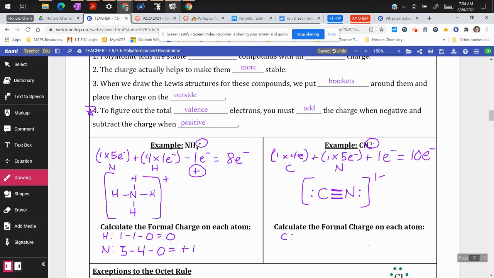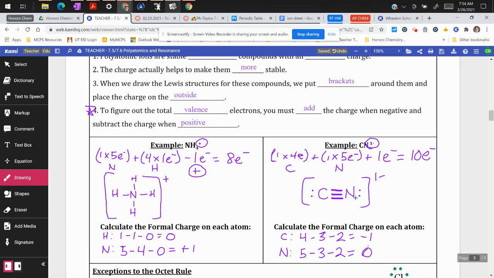Carbon normally is 4 electrons minus 3 bonds from the triple bond, and minus 2 electrons from the lone pair because there are 2 dots. 4 minus 3 is 1, 1 minus 2 is -1. Nitrogen has 5 valence electrons, minus 3, minus 2, and this is a 0 formal charge.